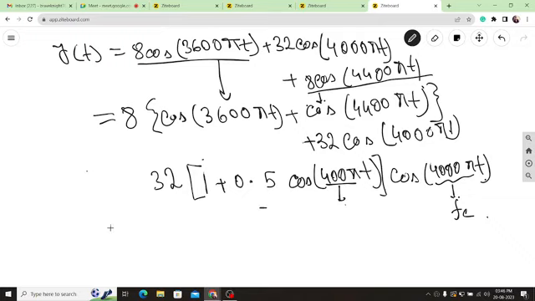The message signal here is 32 into 0.5 cos 400 pi t.